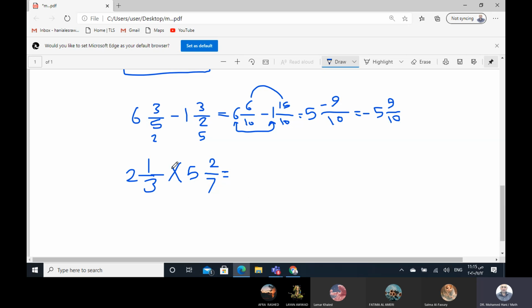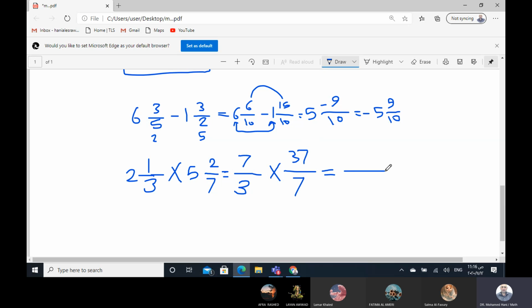When you have multiplication, directly change the mixed number to a fraction. 2 times 3 will be 6. 6 plus 1 will be 7 over the same denominator. Times 5 times 7 will be 35 plus 2 will be 37 over 7.